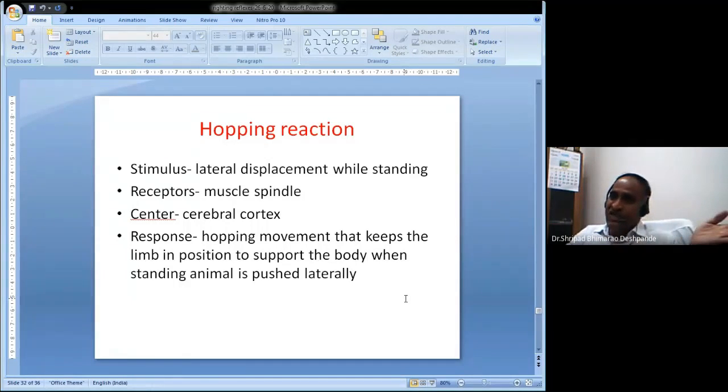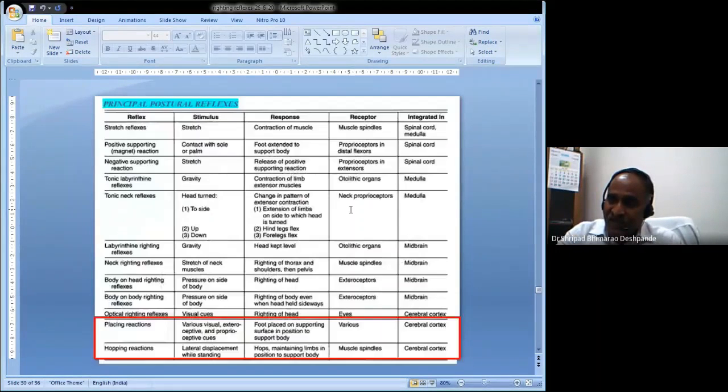When you are pushed laterally, you try to come back. So that is the hopping reaction. Maybe I will go back again here. So the lateral displacement, that is pushed sidewards, you suddenly bring back, and the receptors are the muscle spindle and the long loop reflexes, which are operated at the cerebral cortex.